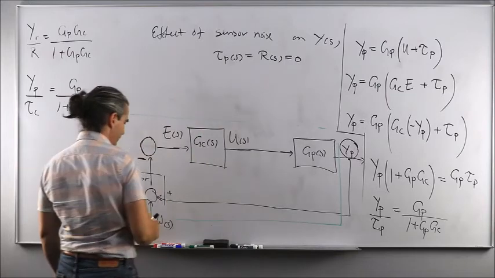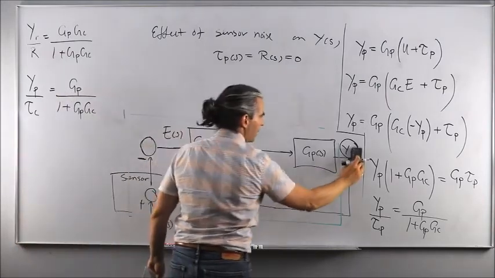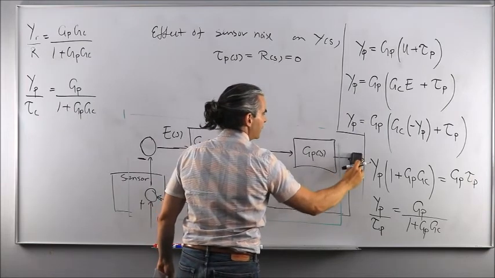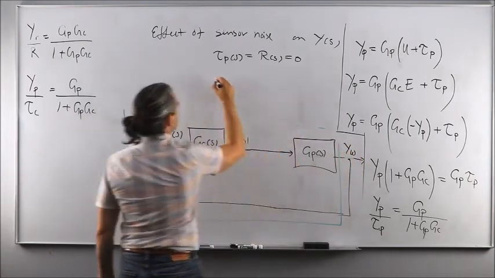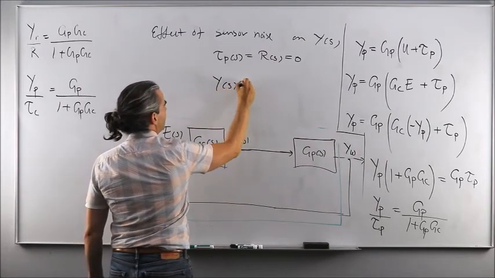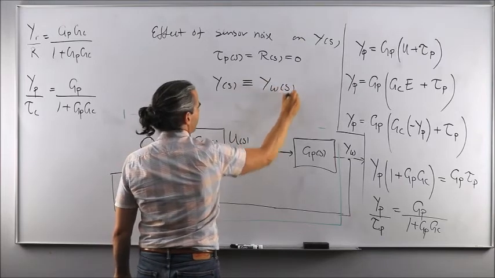And because this is the effect of sensor noise onto our output, I'm going to denote my output as being YW. So Y of S now rewritten as YW of S.